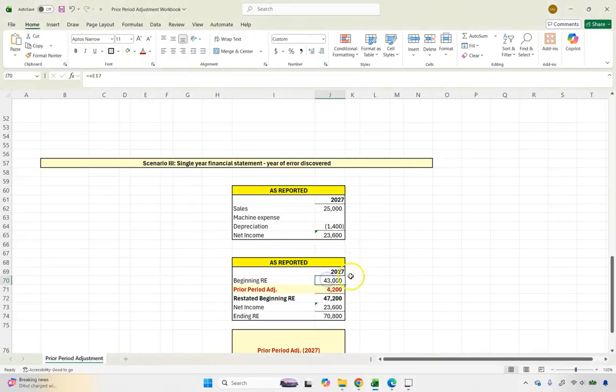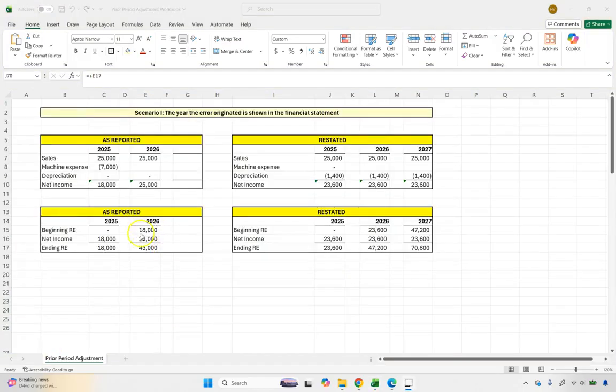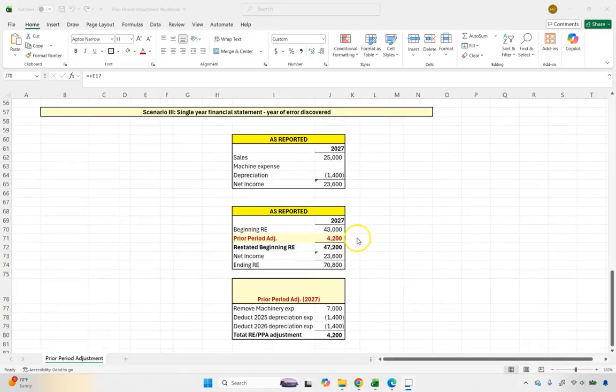My beginning retained earnings for 2027, remember, this is the year we discovered it, is going to be my ending retained earnings from 2026 as we reported it. And if I go up here to my scenario 1, this is how we reported it. And my ending retained earnings in 2026 was $43,000, which means my beginning retained earnings is $43,000. And I have to do a prior period adjustment.